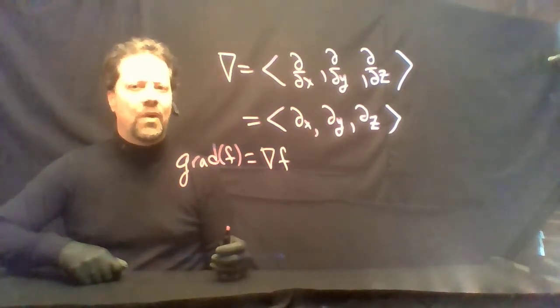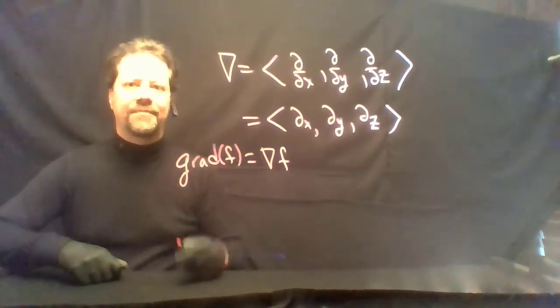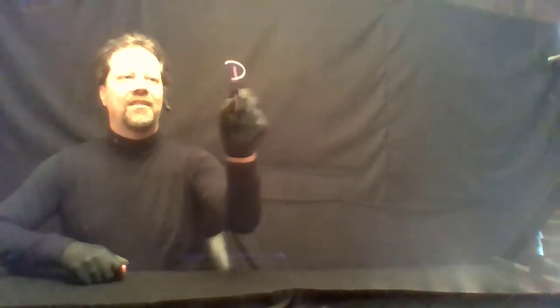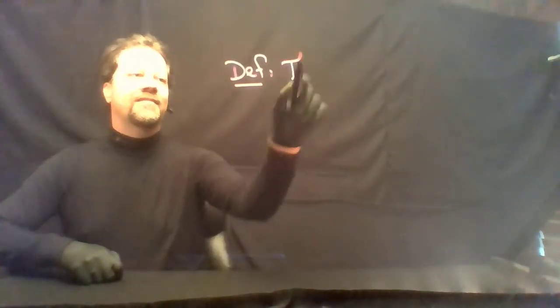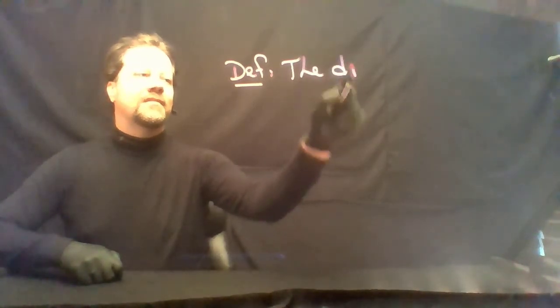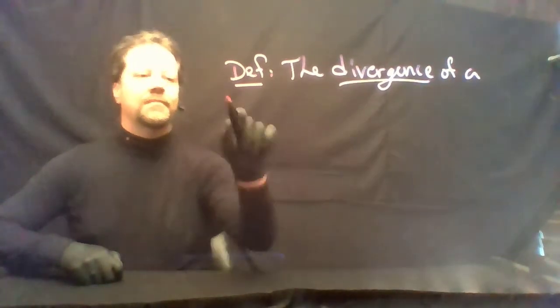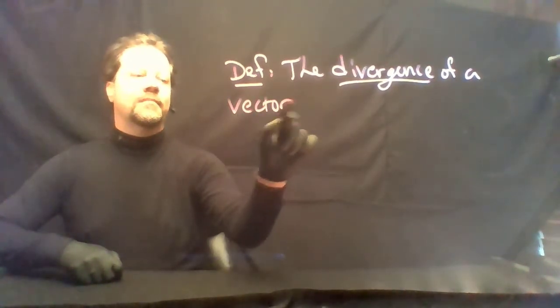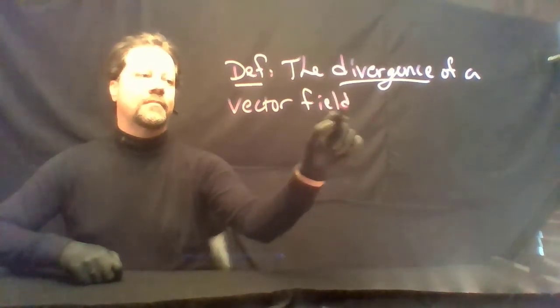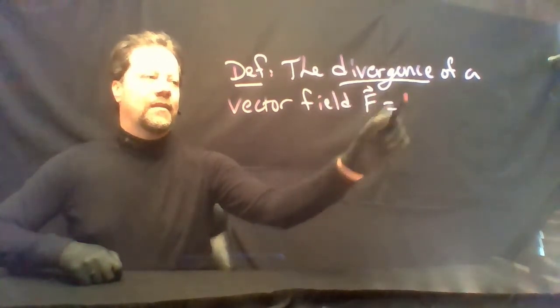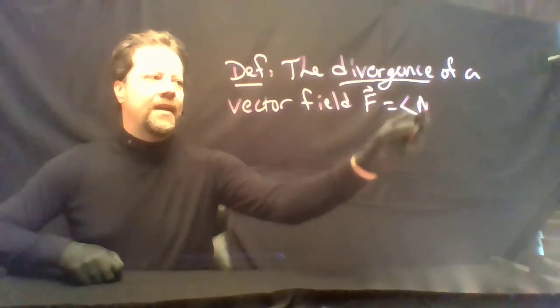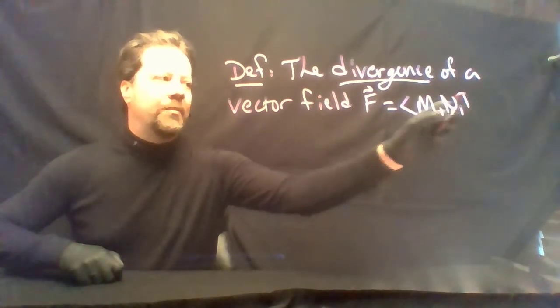There are two more operations we're going to introduce. First, the divergence of a vector field. Let's suppose the vector field has coordinates m, n, and p.